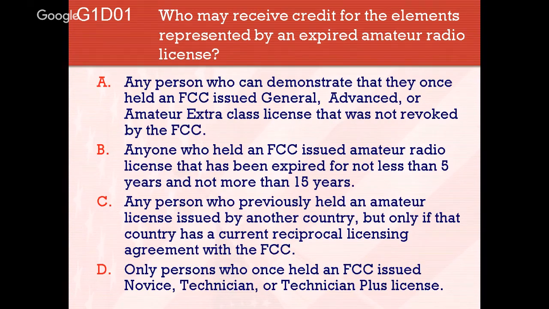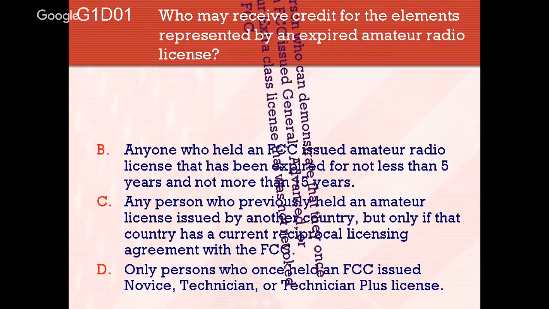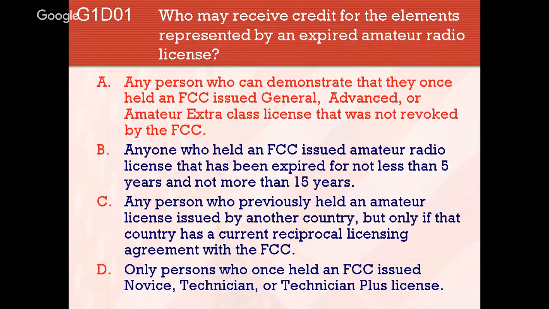But the answer to this question really is A. Any person who can demonstrate that they once held an FCC-issued general, advanced, or amateur class license that was not revoked by the FCC. So you can receive the credit for the elements. Again, what it's talking about here is if you go ahead and take Element 2 for the technician class, you can regain that if you had a valid license beforehand.